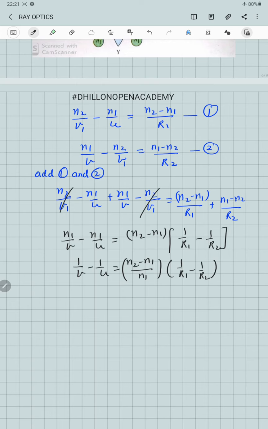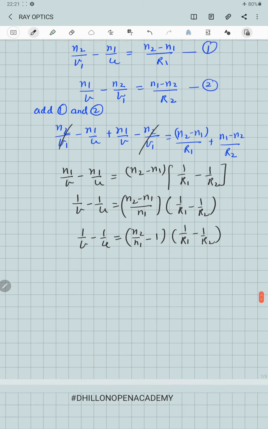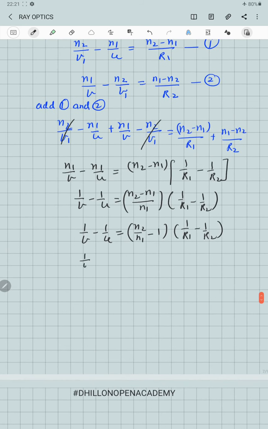This is one form of the desired equation, which we can also write as 1 by v minus 1 by u equal to n2 over n1 minus 1 into 1 over r1 minus 1 over r2, or 1 by v minus 1 by u equal to n minus 1 into 1 over r1 minus 1 over r2. So this is another form of the equation.